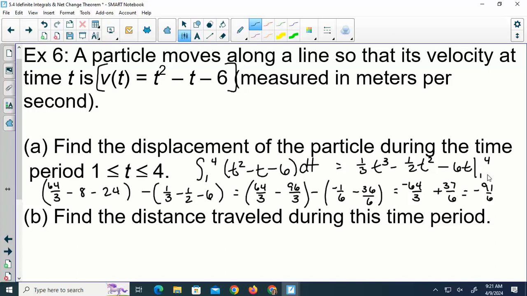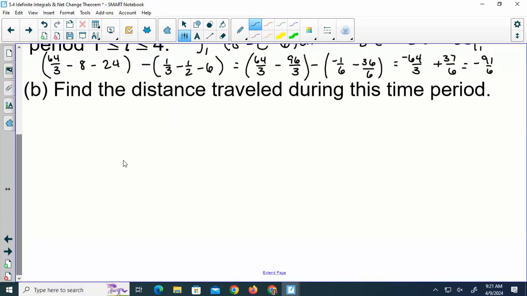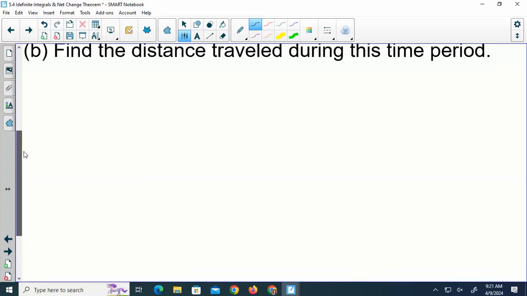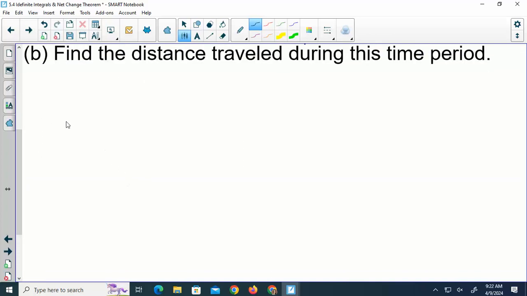It's behind where it started. Okay. If I want the total distance traveled during my time period, that's talking about the absolute value.